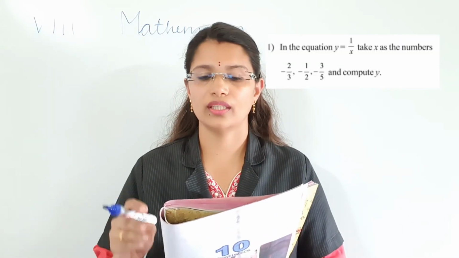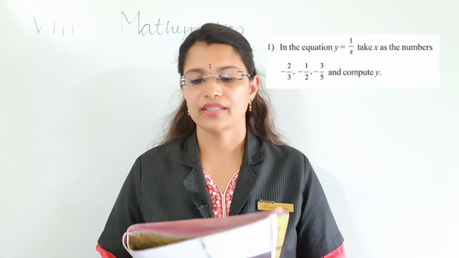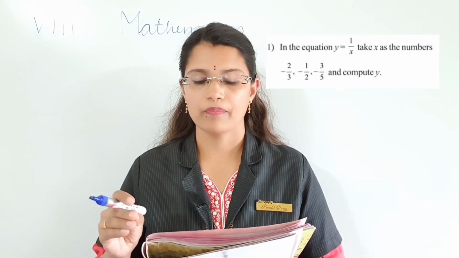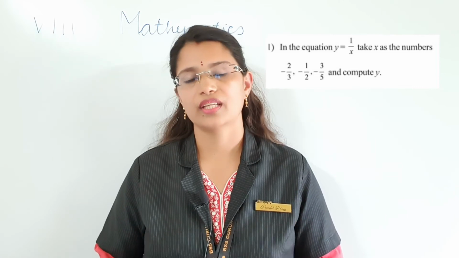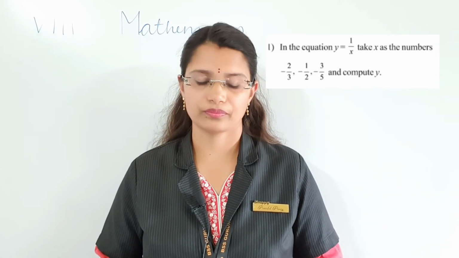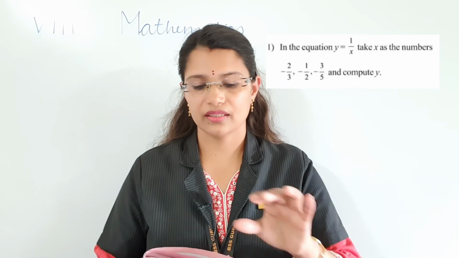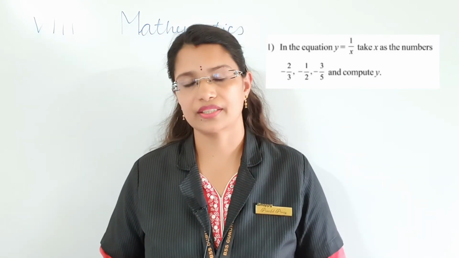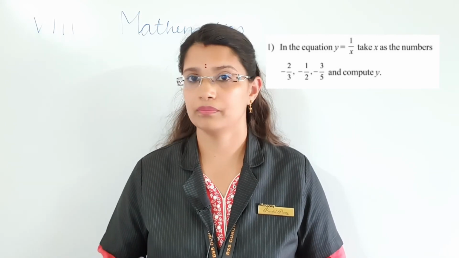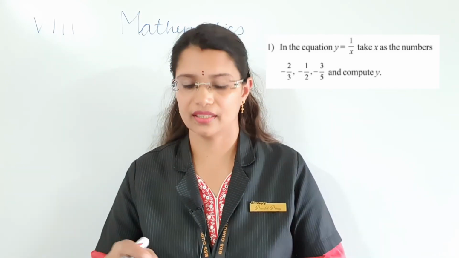The first question: in the equation y is equal to 1 by x, take x as the numbers minus 2 by 3, minus 1 by 2, minus 3 by 5 and compute y. Children, in this exercise, addition and subtraction of fractions, mainly unlike fractions, is there.